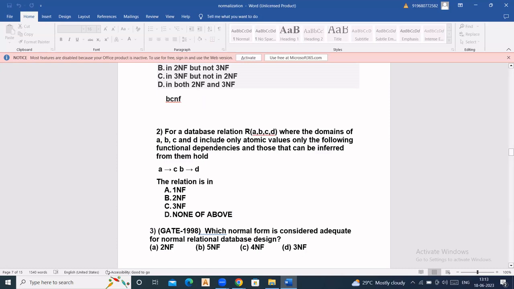What's the answer of this one? Correct. Still, if you want, you can solve it, then also you get it. A to C and B to D. What's the candidate key?